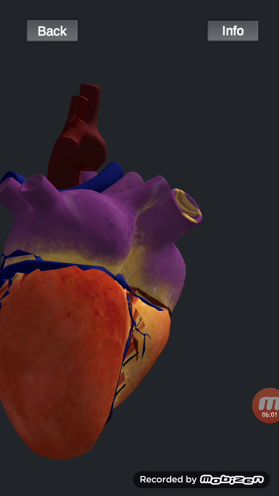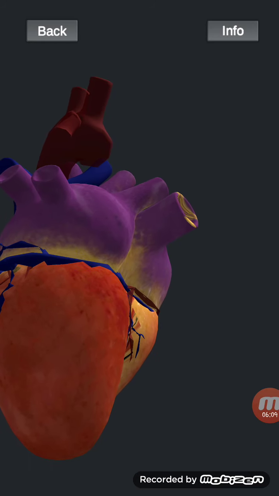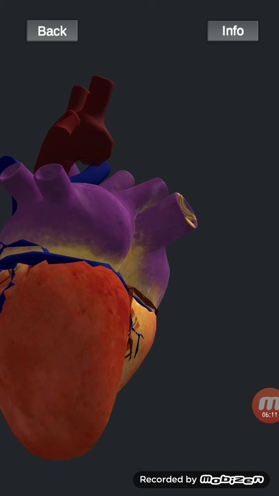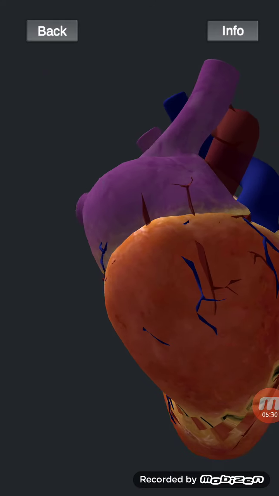It is covered with some layers. Pericardium: heart is covered with a double-walled pericardium. The outer layer is fibrous pericardium and inner layer is serous pericardium. In between these two layers, pericardial fluid is present which reduces friction and allows free movement of the heart.